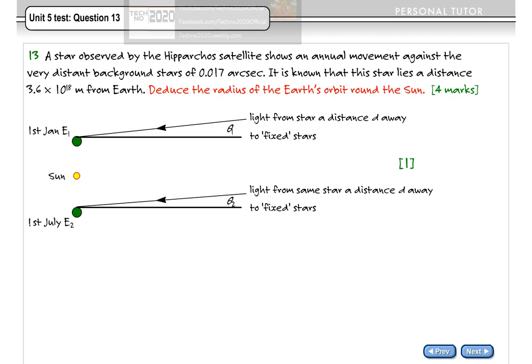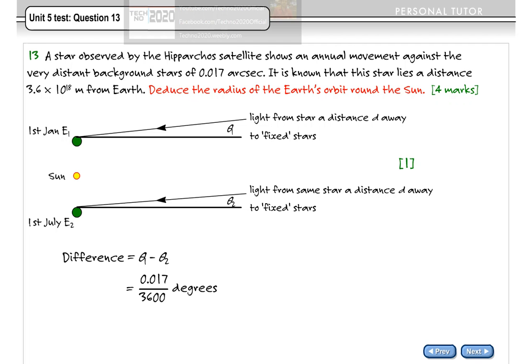Note that in questions like this, the angles are so small that sin theta is about the same as tan theta, which is about the same as theta radians. Try it on your calculator. The difference between the angles θ1 and θ2 is 0.017 arc seconds.